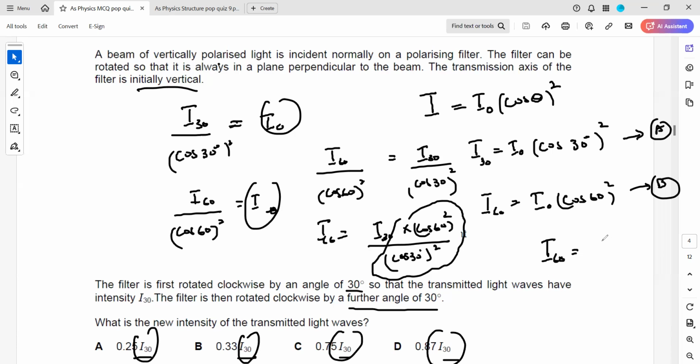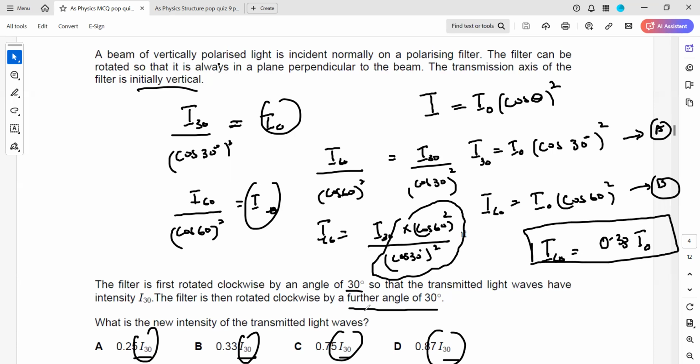So it will be 0.33. You have to square cosine 60, divided by cosine 30 square. So it is 0.33 I naught.